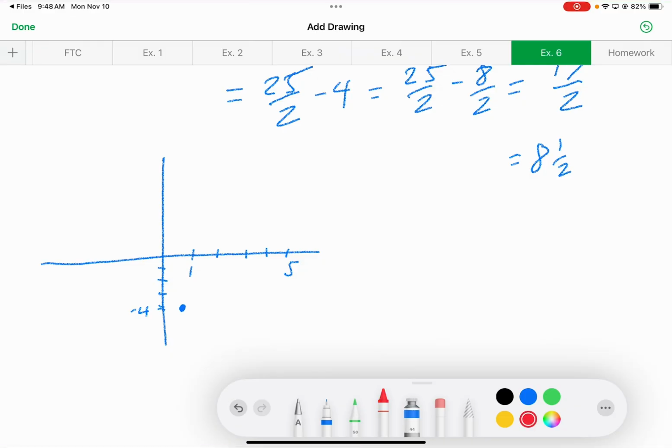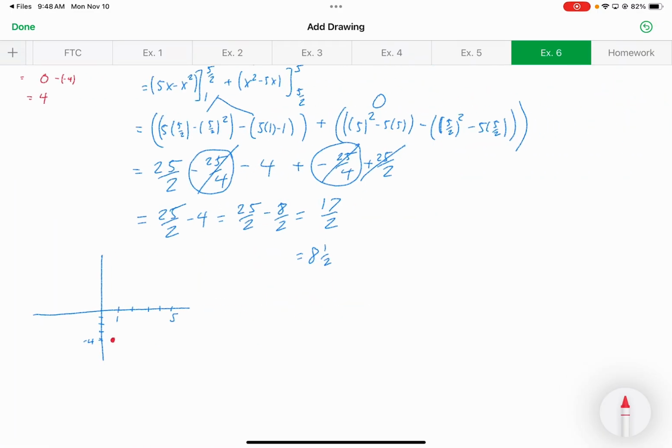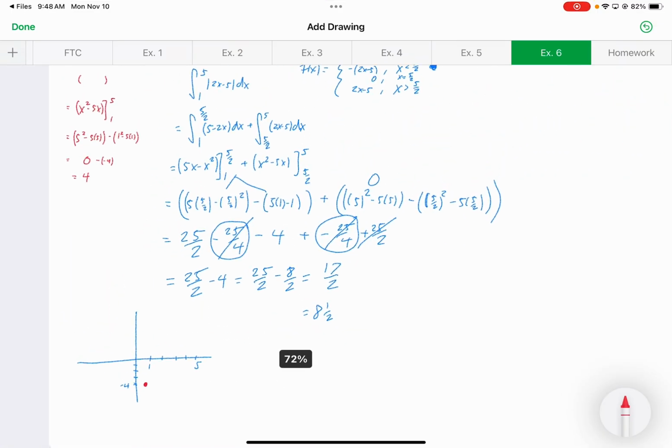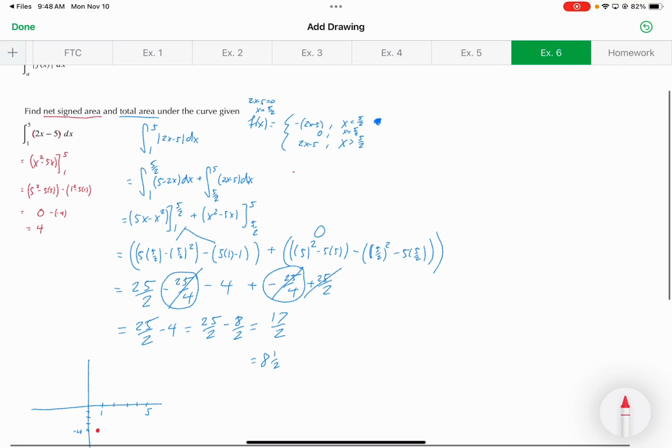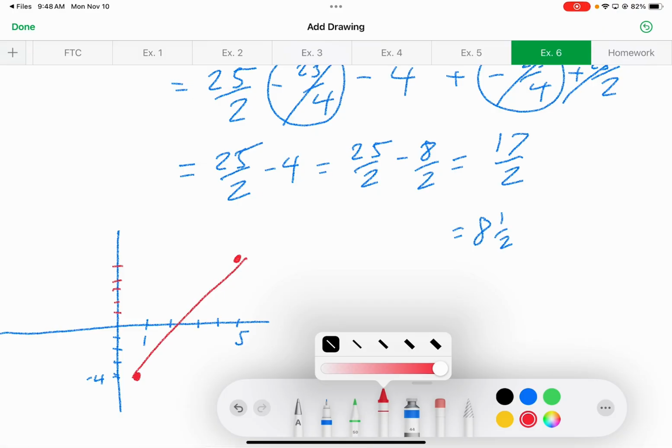And if I plug in 5, 2 times 5 is 10, minus 5, so then 5. Okay, so my function looks like that. I missed the mark a little bit.